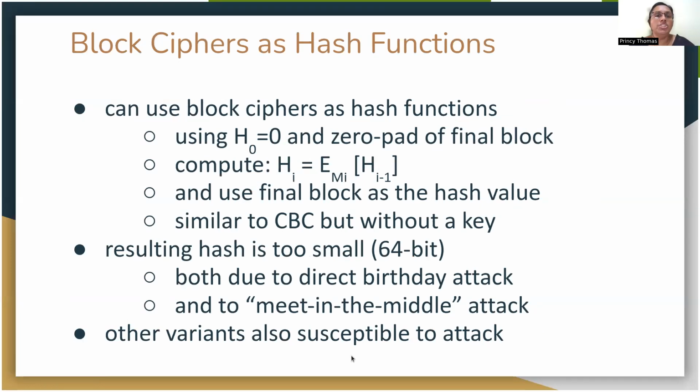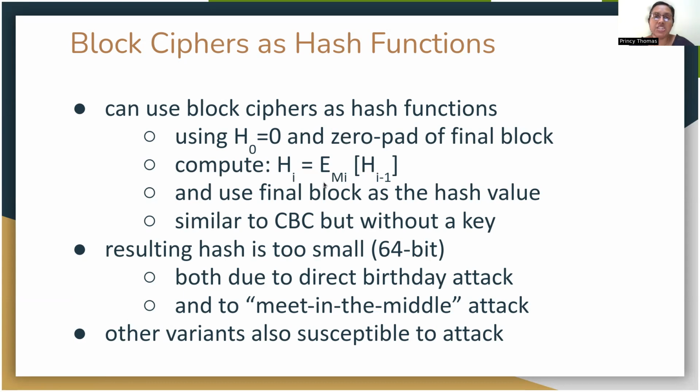Now we are going to look at how block ciphers are used as hash functions. We can use block ciphers as hash functions using H0 equal to 0, and to satisfy the block requirement, zero padding the final block. Calculating H of I is done by encrypting the message block with the previous hash.